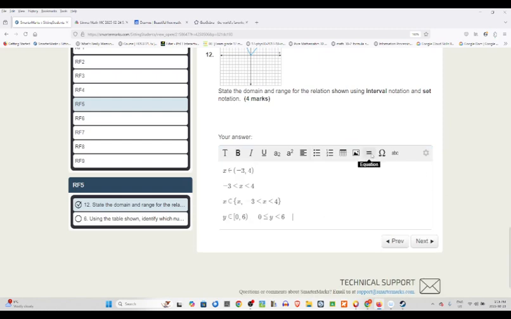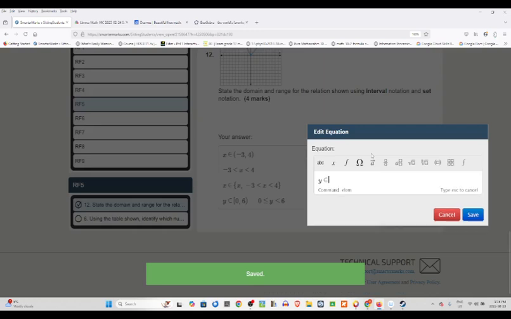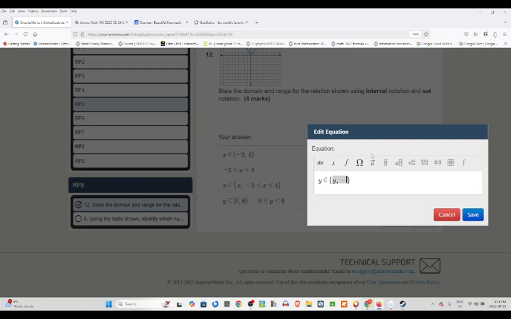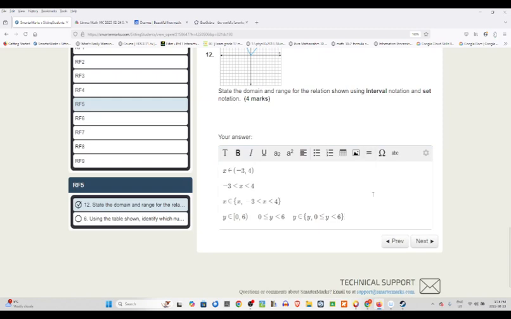Or again, y is an element of the set of all y such that 0 is less than or equal to y, which is less than 6.